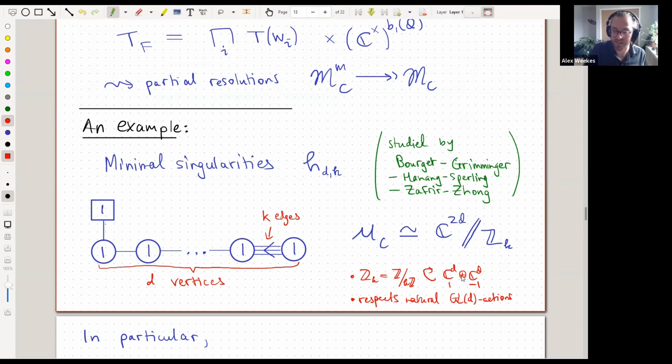So I'm thinking of this as C^D plus another copy. I'm acting on one in the natural way, and on the other one in a way to make this a symplectic action. And there's the residual action of this group on this quotient. On the other hand, from the quiver point of view, we have a bunch of balanced nodes. In fact, all of these nodes here are balanced.